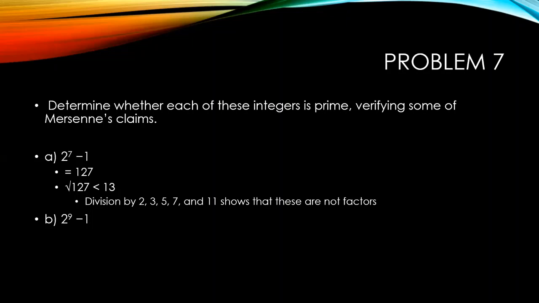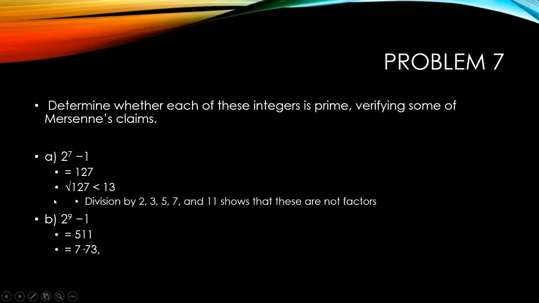How about 2 raised to 9 minus 1, even though 9 is not a prime number? Let's evaluate it and then check if the result is still a non-prime number. Okay, so the result is 511. Get the square root of it, and then based on that, check all prime numbers from 1 to the square root of 511.